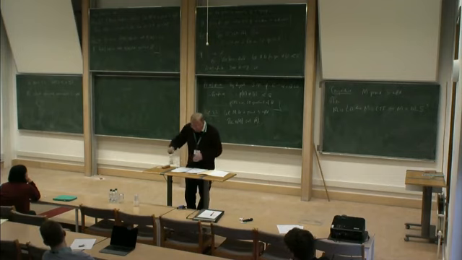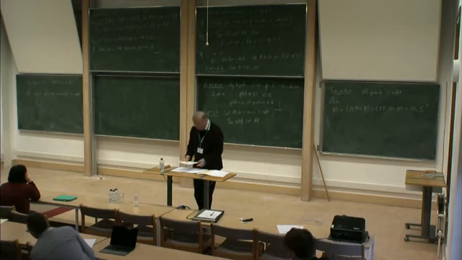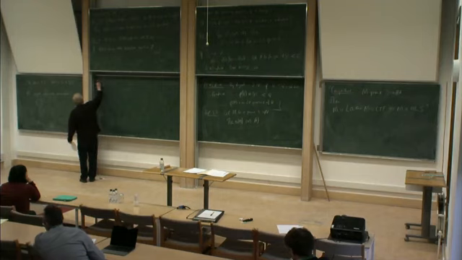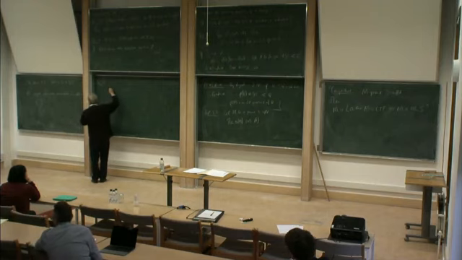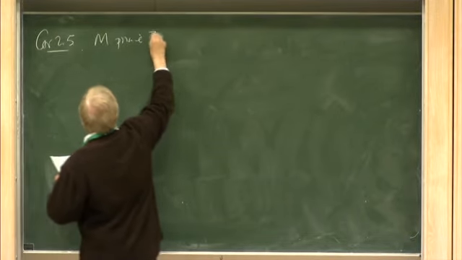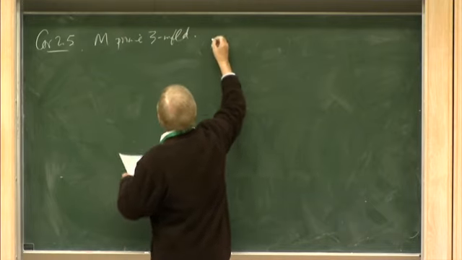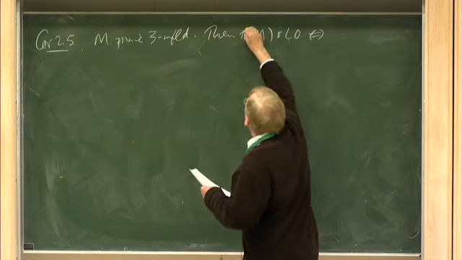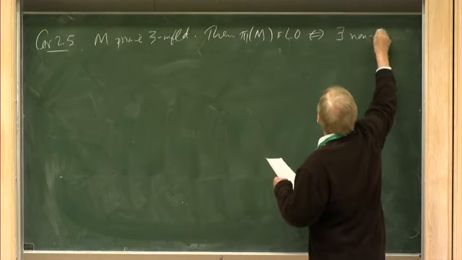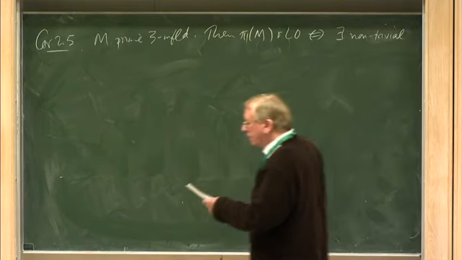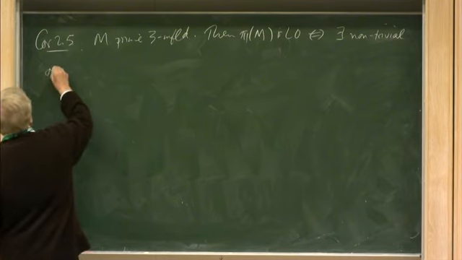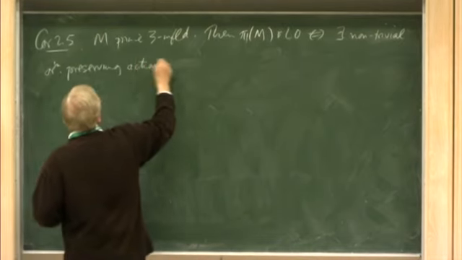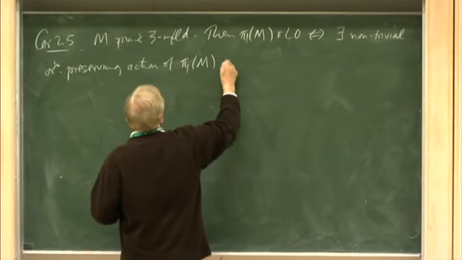So the other corollary, again, we're going to use this: M is a prime closed three-manifold, and pi 1 of M is left orderable if and only if there exists a non-trivial orientation preserving action of pi 1 of M on the real line.